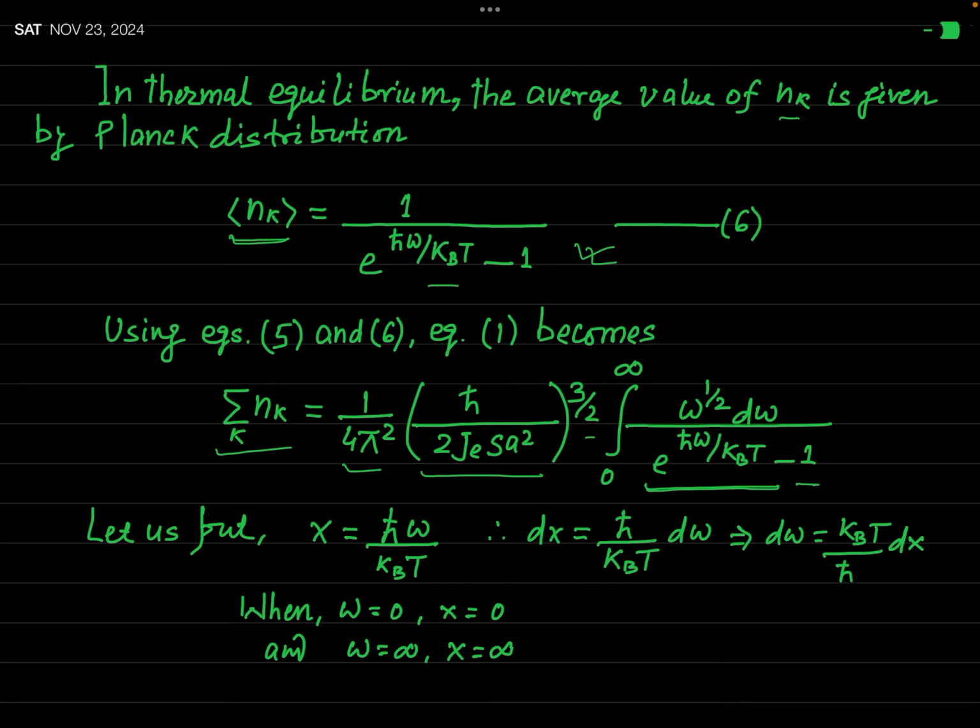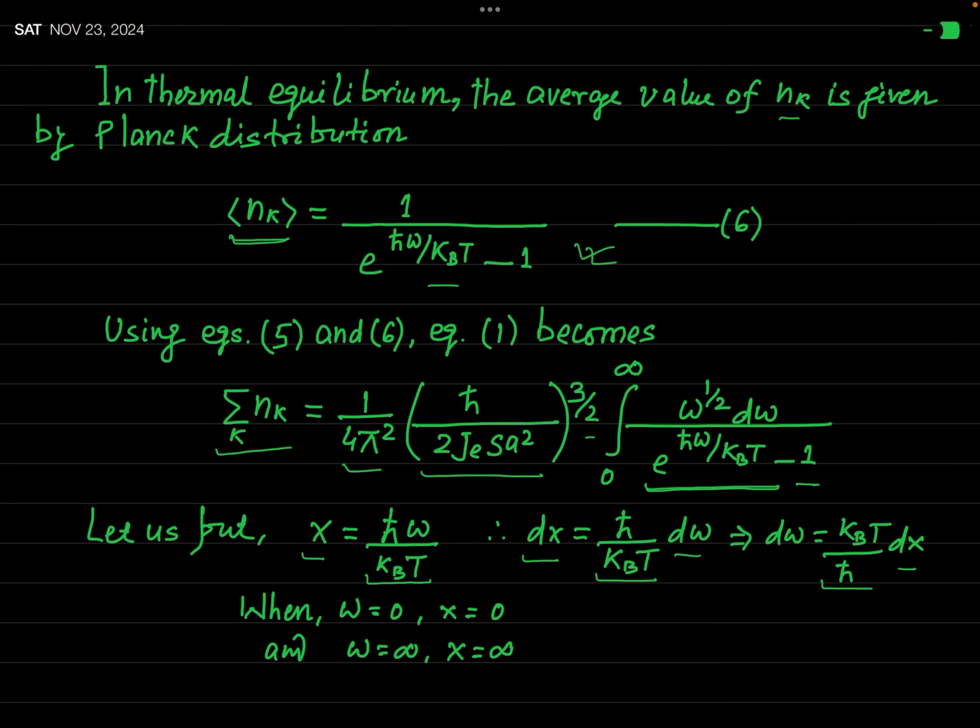Okay. Now actually, to get the value of this integral, we will cast the integral in a standard form. For this, let us substitute x instead of h bar omega over kBT. As x is equal to h bar omega over kBT, you can easily say that dx will be equal to h bar over kBT times d omega, or d omega is equal to kBT over h bar times dx.